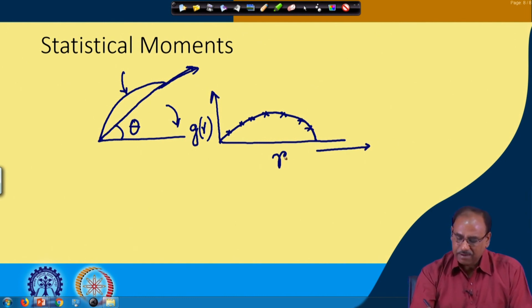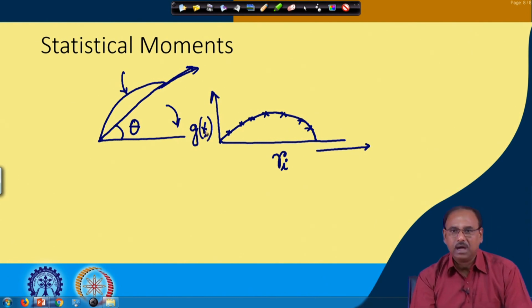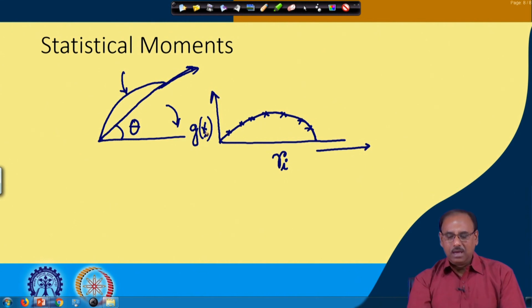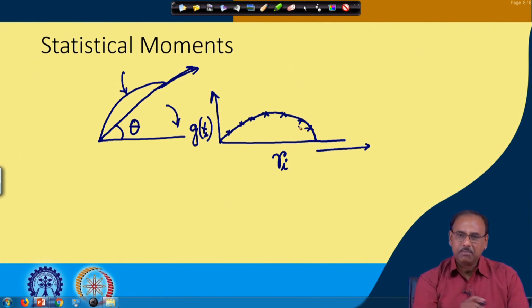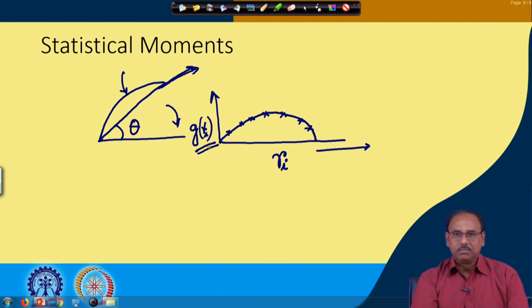So, if I represent this variable r by a set of discrete variables r_i, this boundary is represented by a function g(r_i). Now, if I normalize this boundary by the area under this segment, in that case, this g(r_i) is nothing but a histogram.